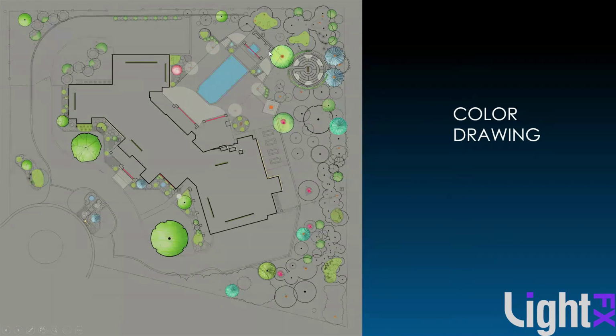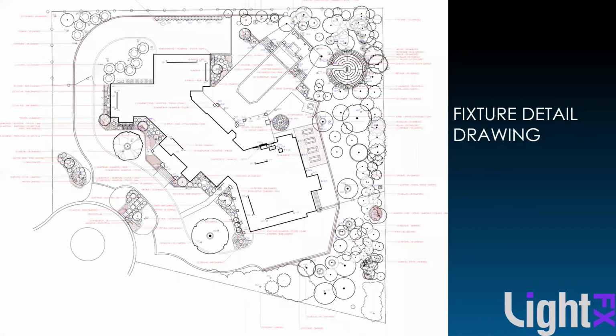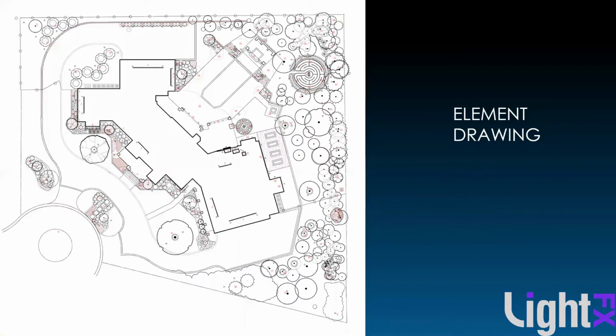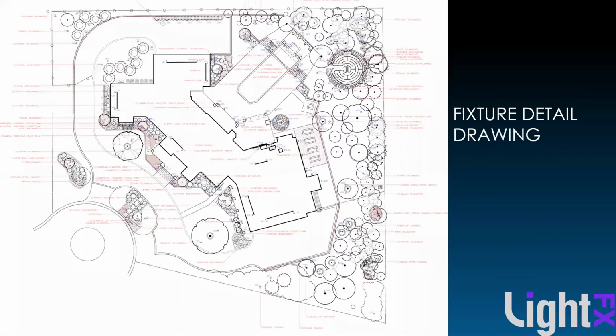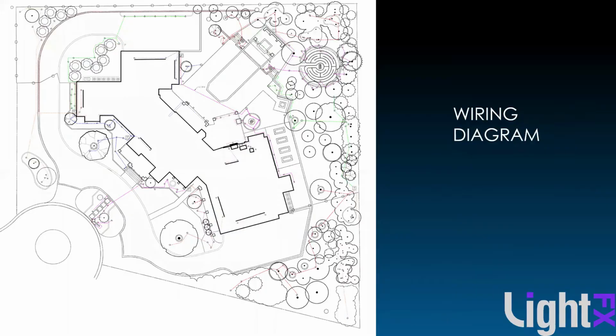You've already looked at it. You printed it up, and this is the color drawing for that initial meeting that you saw. And here's the element, the detailed drawing, the wiring schematic.